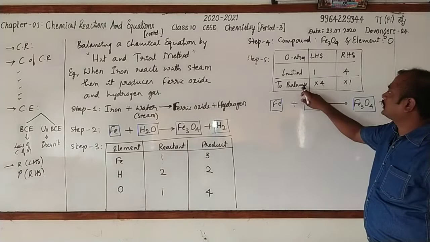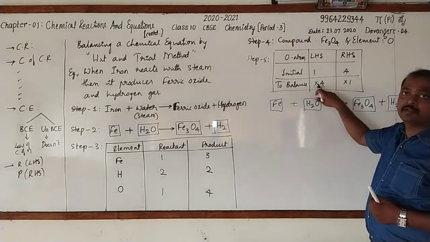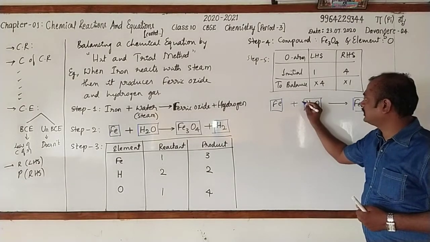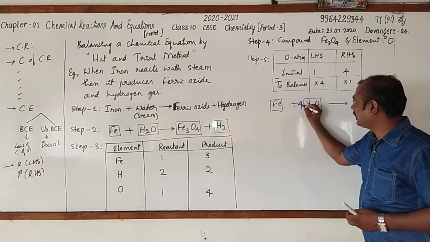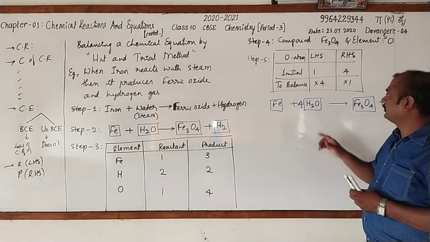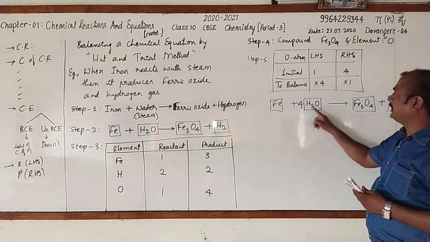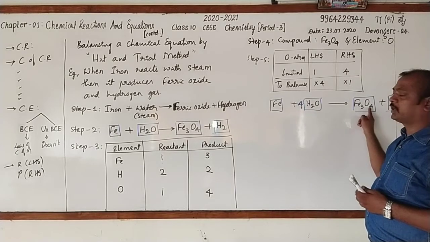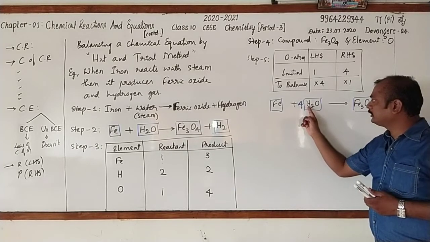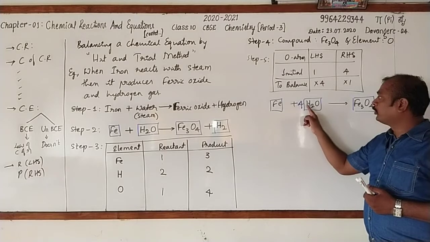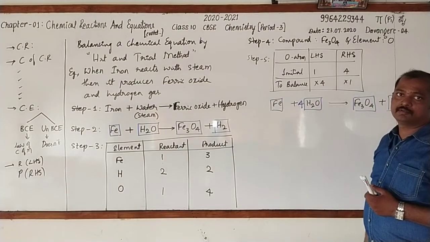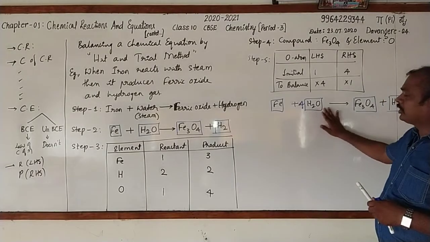Observe it. What should be multiplied with oxygen? Yes, 4. Here is oxygen, LHS. I am going to multiply 4. Oxygen atom is balanced. 4 atoms of oxygen, here 4 atoms of oxygen. Observe here hydrogen. How many? 4 2s are 8. Now, oxygen is balanced.